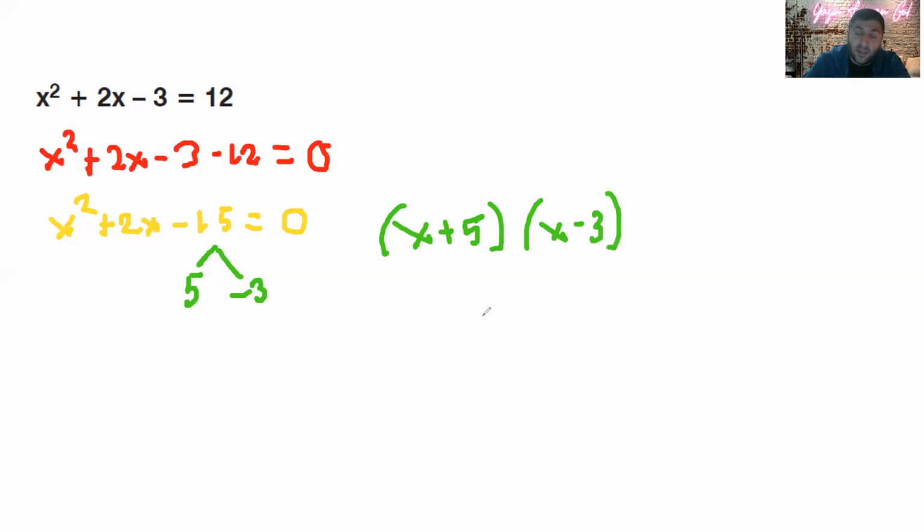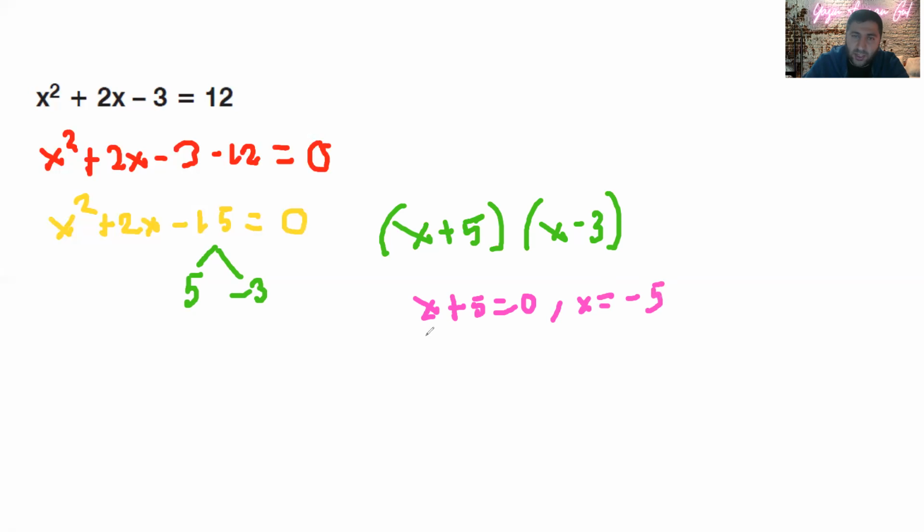And remember what we do, these are my factors. I'm going to make each factor equal to 0. So I'm going to say x plus 5 equals 0. Then x will be what? x equals, take this 5 to that side, it's going to be negative 5.